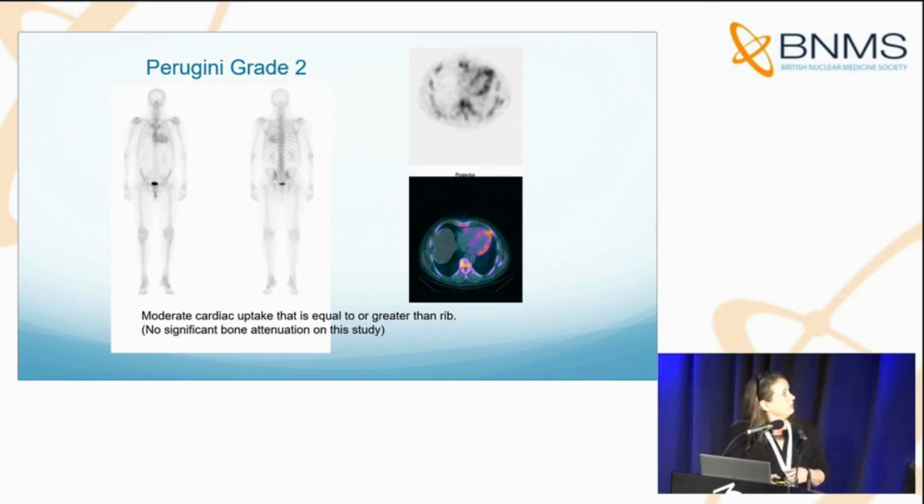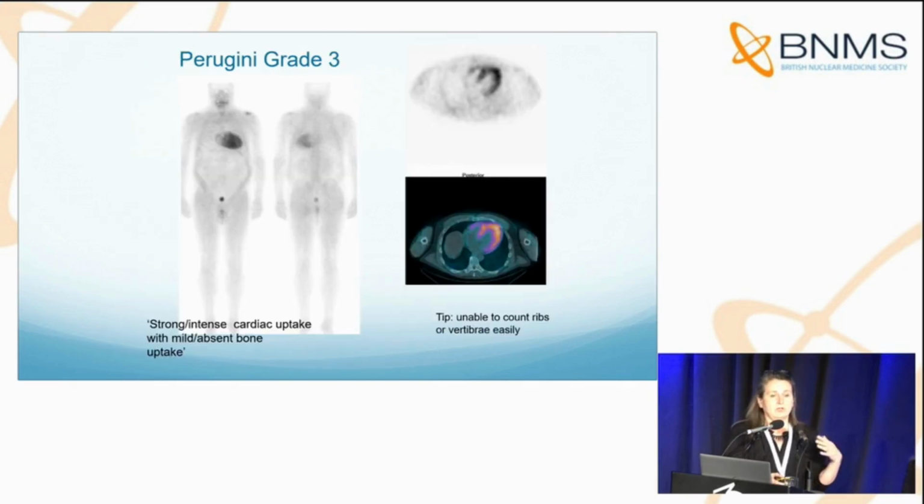So grade 2, slightly more uptake. In the current guidelines, it's described as equal to or greater than bone, and bone has been taken to be rib. In the original paper, it didn't actually specify, but obviously it's a visual scale and individual interpretation of that may vary.